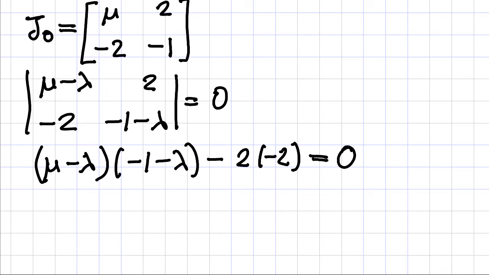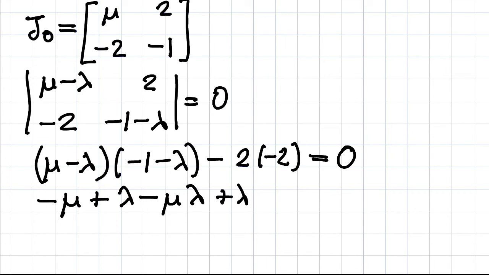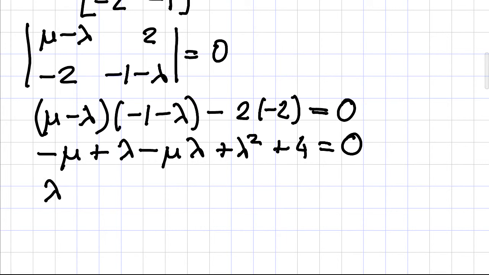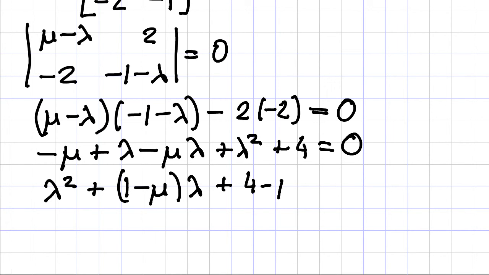So we can multiply this out. We've got −μ + λ − μλ + λ² + 4 = 0. So that's λ² + (1 − μ)λ + 4 − μ.